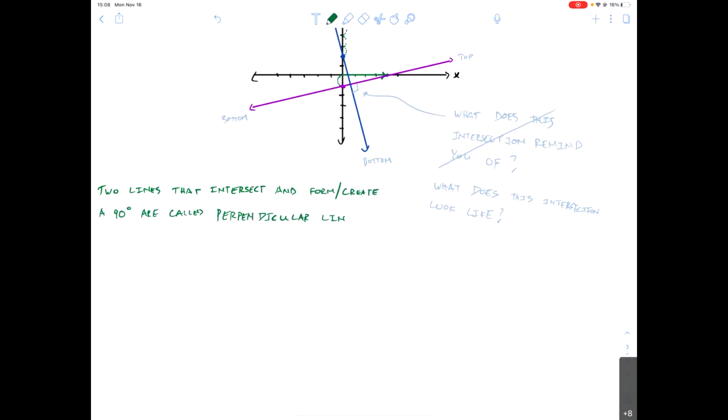Just as a heads up, the symbol for perpendicular lines in geometry is like that. It's an upside down T.